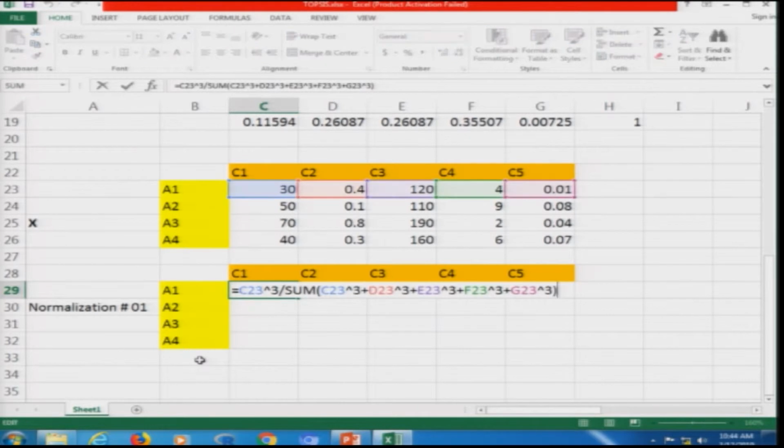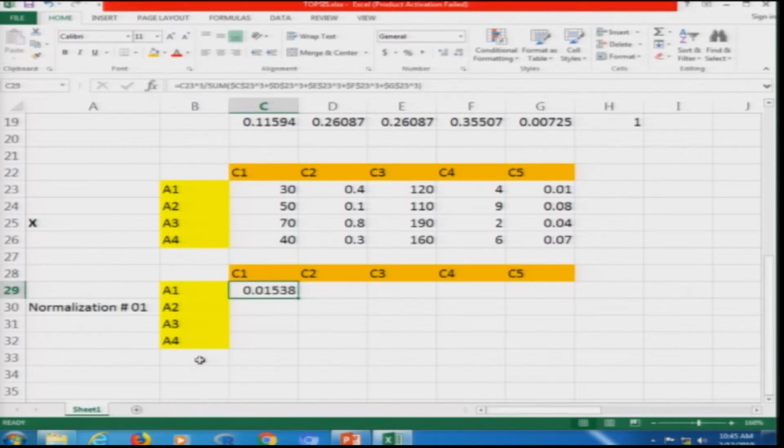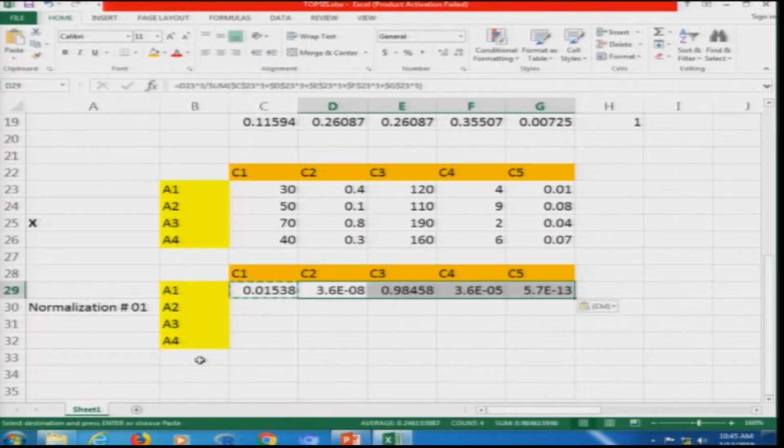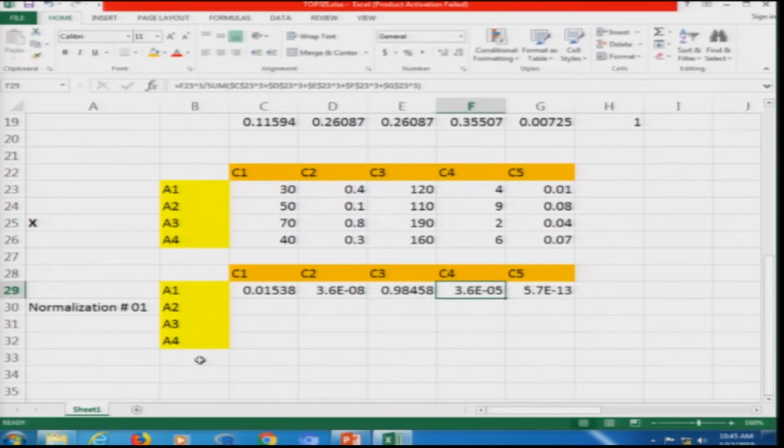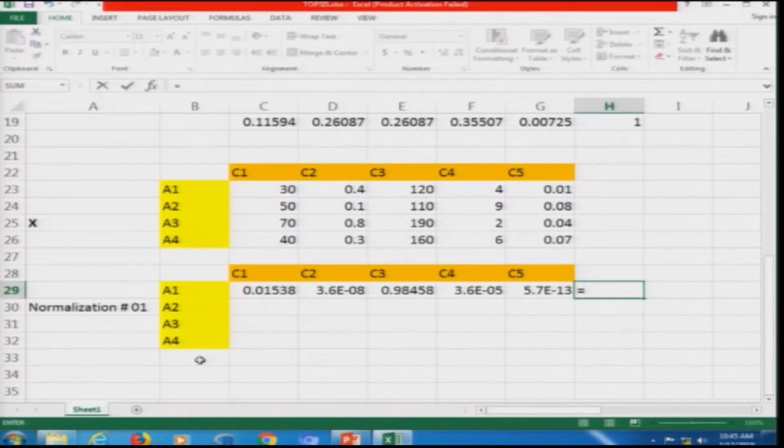So, this is done. Now, I will basically freeze the values at each cell, so there will not be any change as I copy the values. So, let us consider the sum should be 1, this is 1.